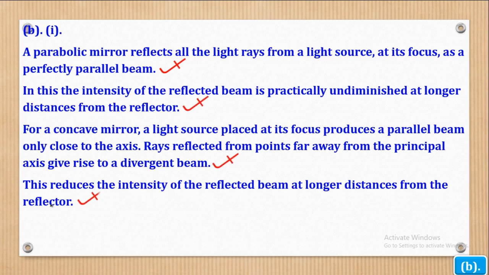So basically that is why parabolic mirrors are used, because with parabolic mirrors the intensity is undiminished, but for concave mirrors the intensity reduces. So half a mark for this, half a mark for this, half a mark for divergent beam, and half a mark for intensity reducing.